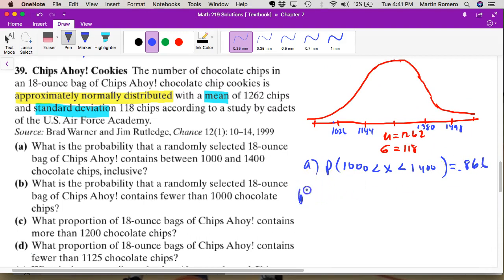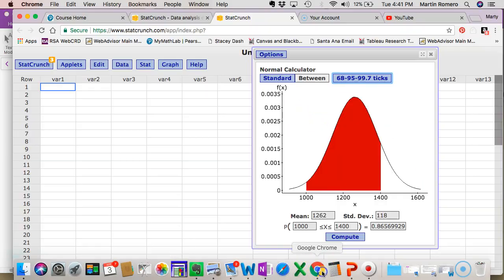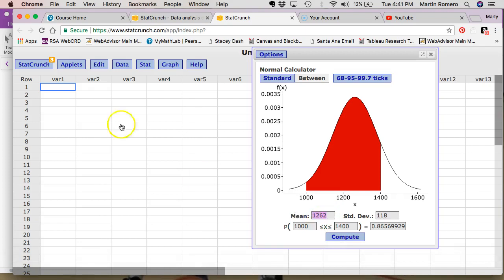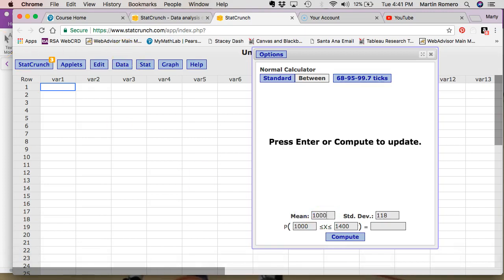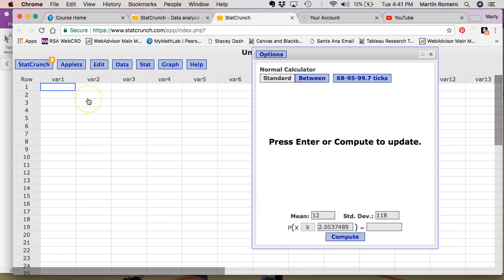Part B, what's the probability that a randomly selected 18-ounce bag contains fewer than 1,000? So we want X less than 1,000 chips. And so we would go back to StatCrunch. Let's do a standard one. X is less than 1,000. The mean is still 1,262. I'm going to put 1,000 here because I want it to be less than 1,000.